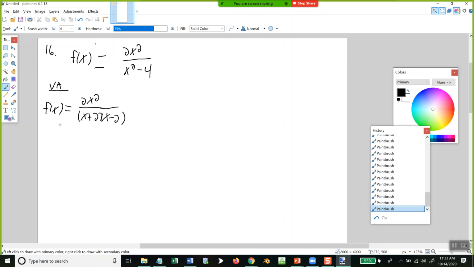I can't cancel anything. Third step is to set your denominator equal to 0 and solve it. So x plus 2 times x minus 2 equals 0. Set each one of those equal to 0. x plus 2 equals 0, x minus 2 equals 0. Then we get x equals -2 and x equals +2.